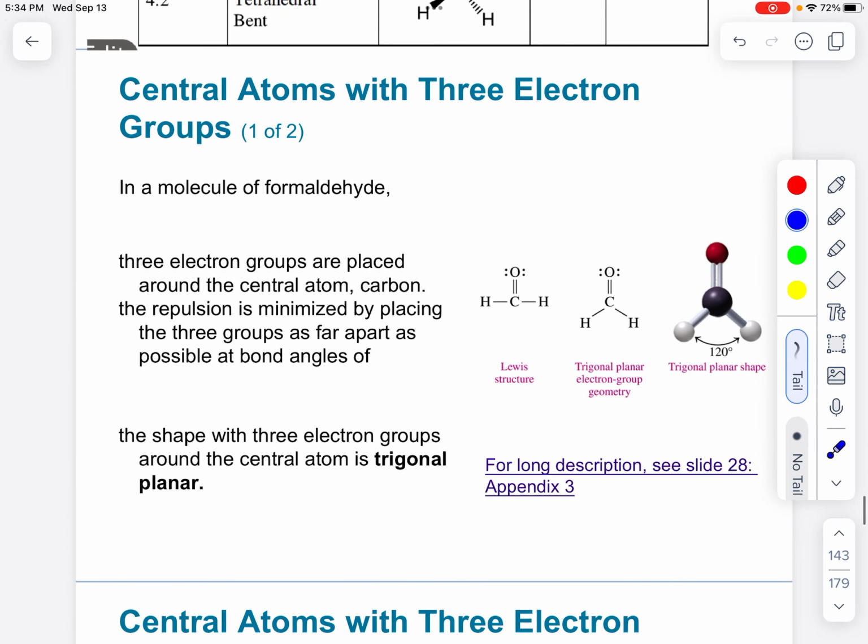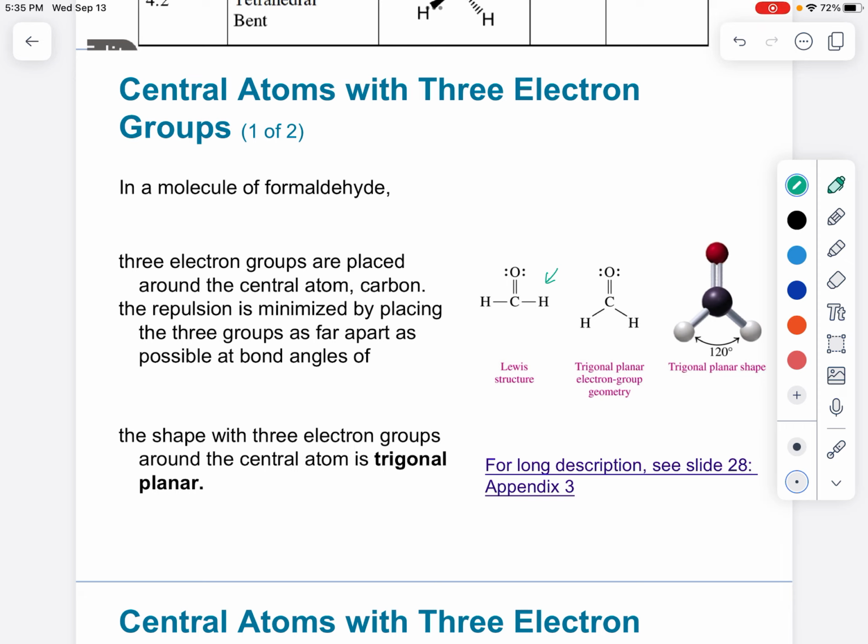Now there's only one kind with 2 electron groups. If we look at a molecule like formaldehyde, which is shown here, there's 3 different electron groups.